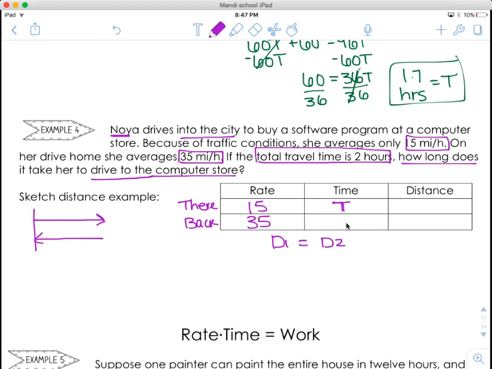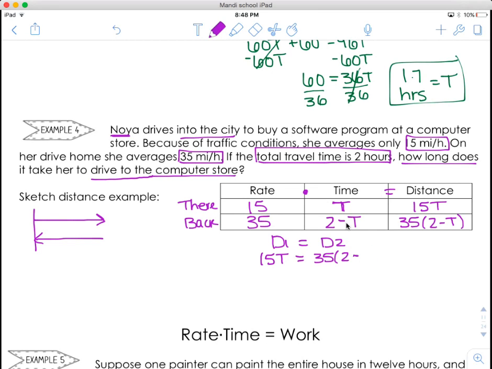So that means coming back had to be 2 hours minus the time it took to go there, because the time there plus the time back equals 2 hours. So rate times time equals distance. So that's 15 times t and 35 parentheses 2 minus t. And distance 1 equals distance 2. So 15t equals 35 parentheses 2 minus t. Oh dear, that was ugly.